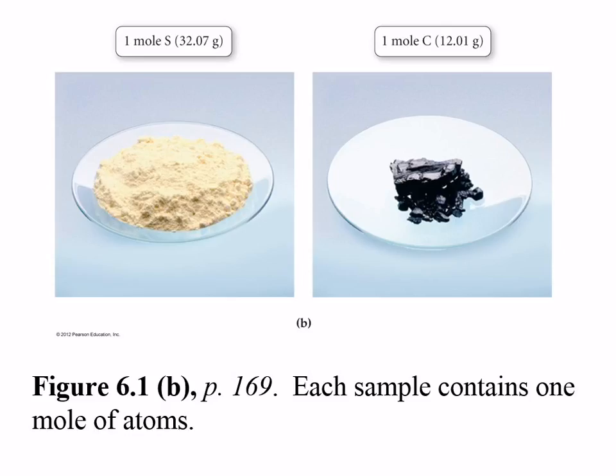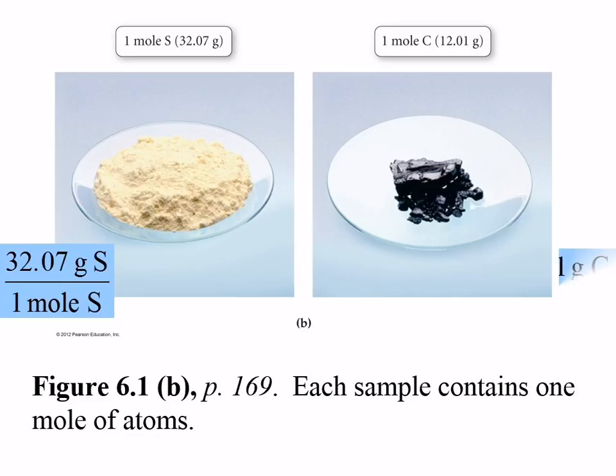The decimal number is 32.07. 32.07 grams per mole. So this right here for sulfur and this right here for carbon is kind of a physical property of that particular element. It's the molar mass. It's the grams per 1 mole of those atoms. And so you're going to want to use it like that.